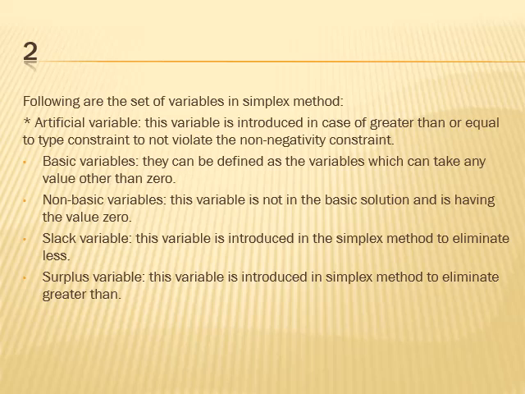Artificial variable: this variable is introduced in case of greater than or equal to type constraints to not violate the non-negativity constraint.